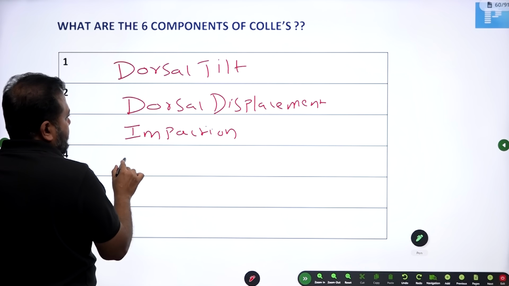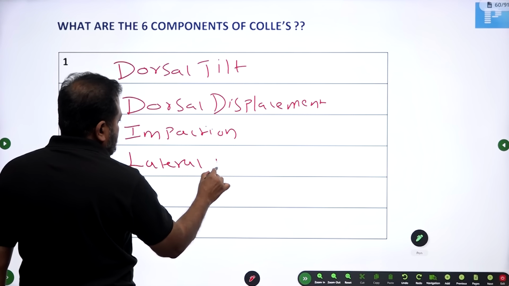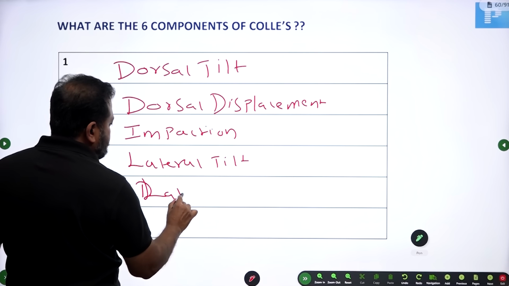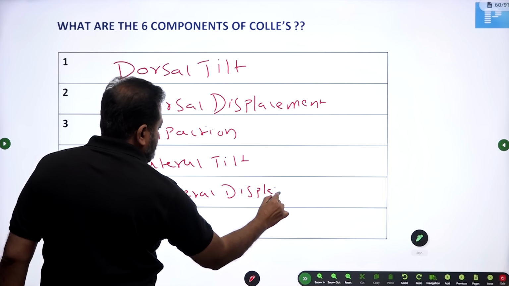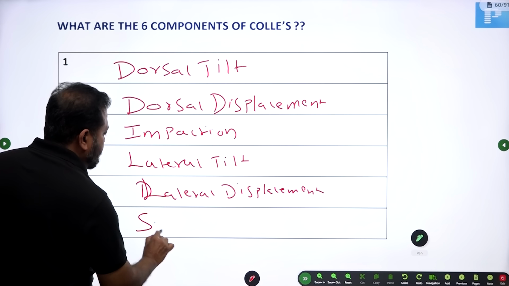The 4th component is lateral tilt. 5th is lateral displacement. Finally it is supination.